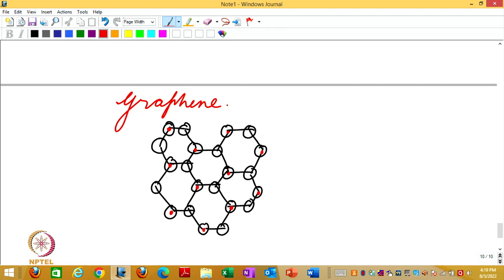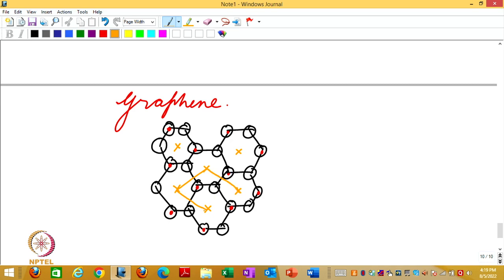Again, it was not important to select the center of the atom. I could have selected the center of the hexagon where there is no atom, and if I select the center of the hexagon, again I am getting exactly the same lattice, only shifted. You can see that by choosing what we call a unit cell.